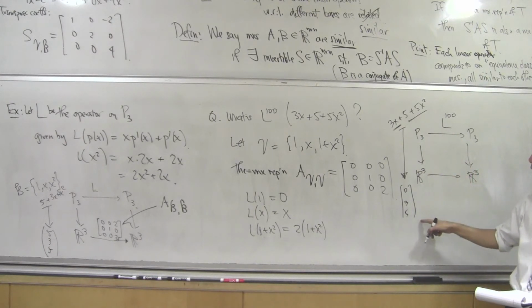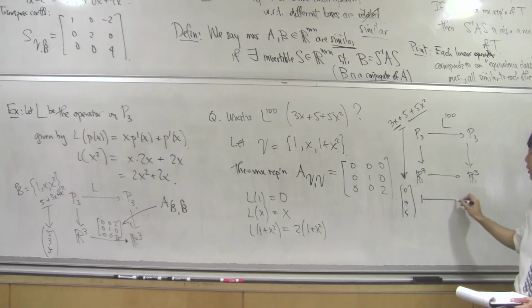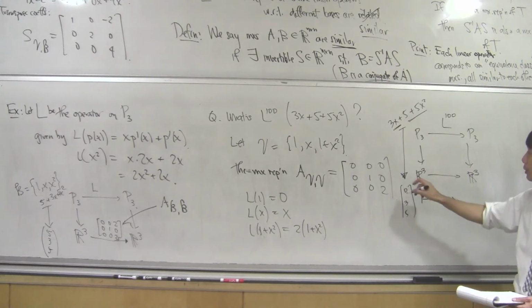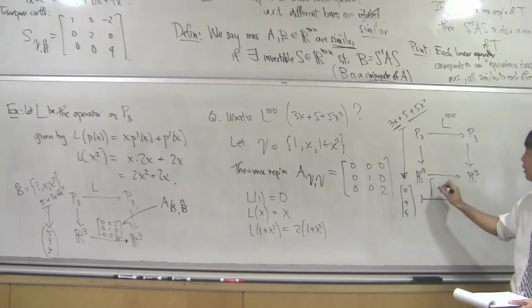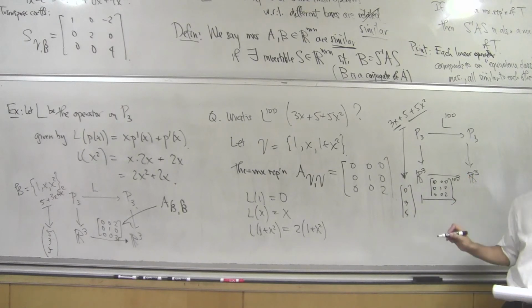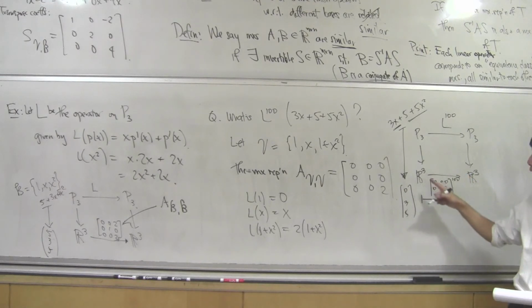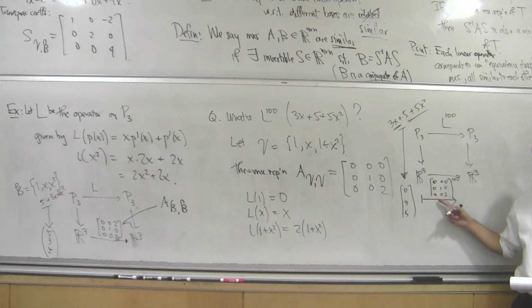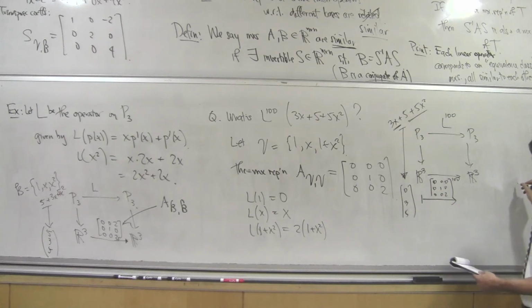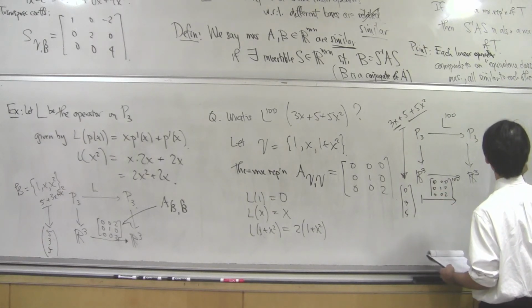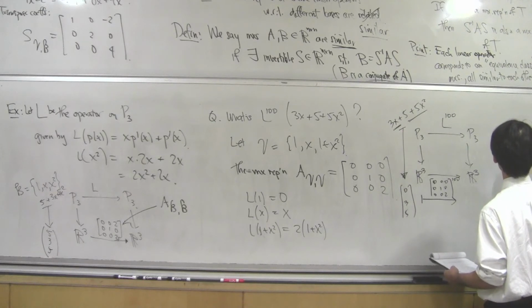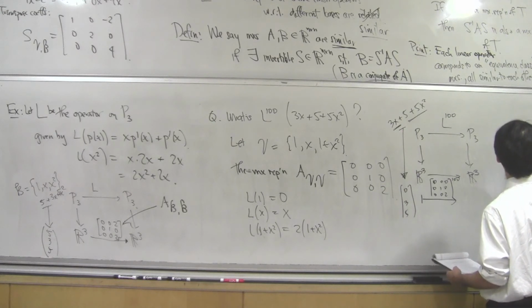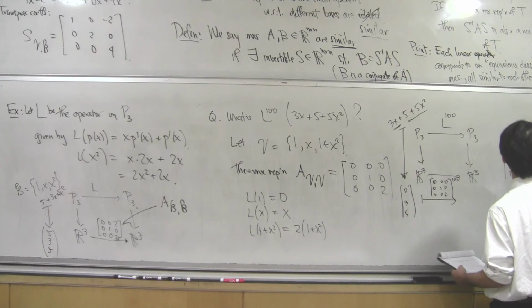Okay. And then you just need to multiply that by this matrix multiplied by itself 100 times. But it's a diagonal matrix. So multiplying it by itself 100 times is easy. You just get the matrix 0, 0, 0, 0, 1, 0, 0, 0, 2 to the 100, applied to 0, 3, 5.